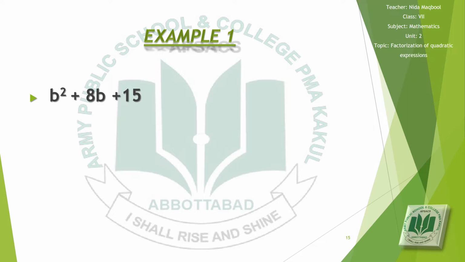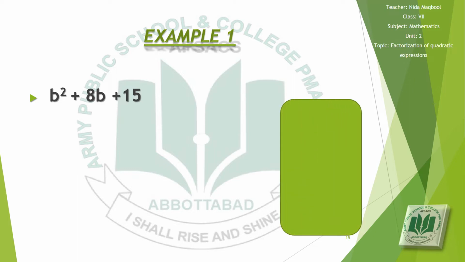So what we will do is we will only factorize the constant term, which in this case is 15. Now possible factors of 15 are 1 into 15 and 3 into 5. Now we will consider those factors which when multiplied would give us a product of plus 15 and which when added would give us a sum of plus 8.